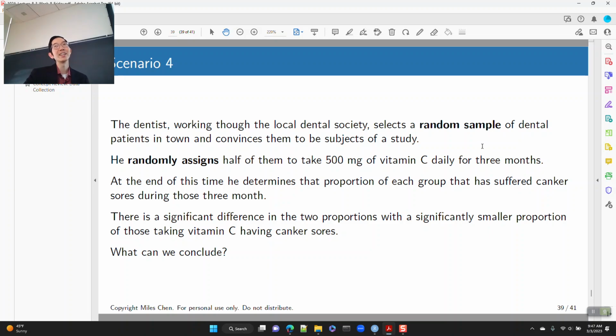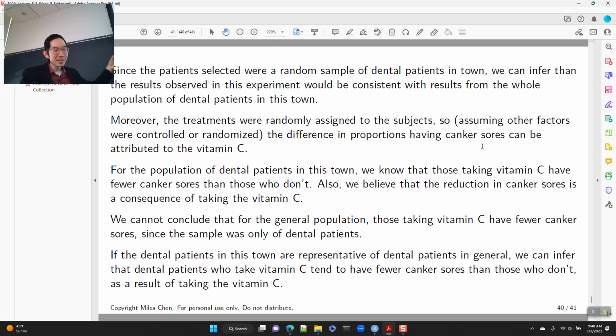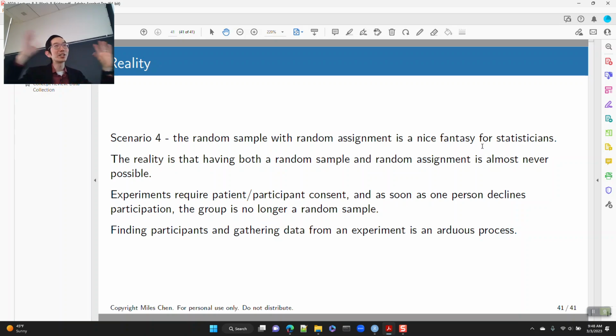And as soon as somebody says, I don't want to participate, it's no longer a random sample, right? And so this almost never happens in real life. But just imagine if you did have a random sample and random assignment, then you could generalize and draw cause and effect conclusions. But in reality, that's not really the case.